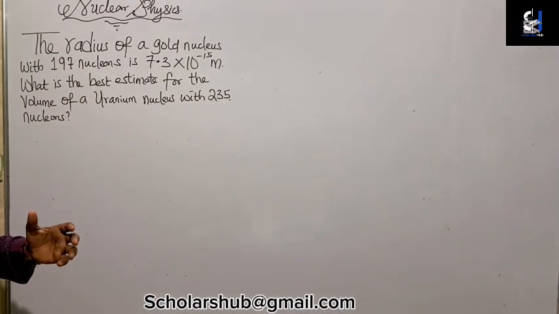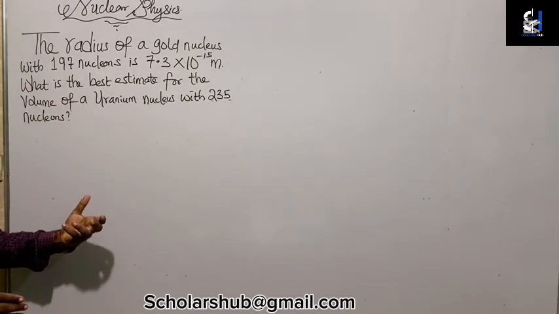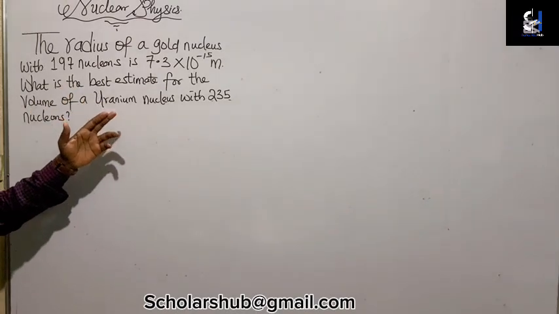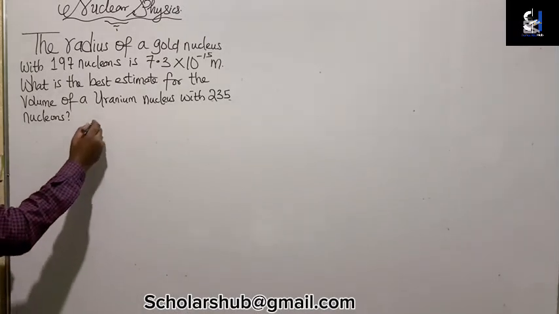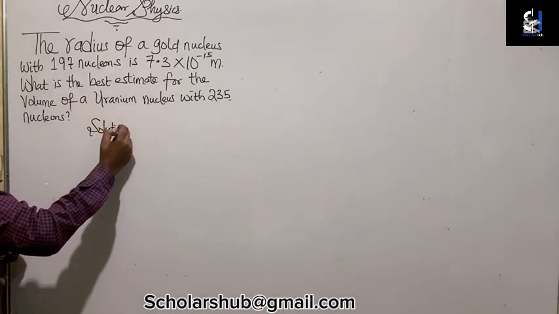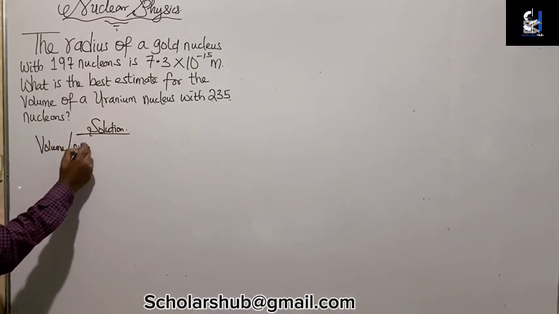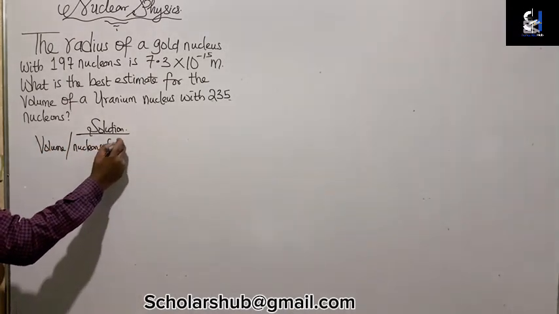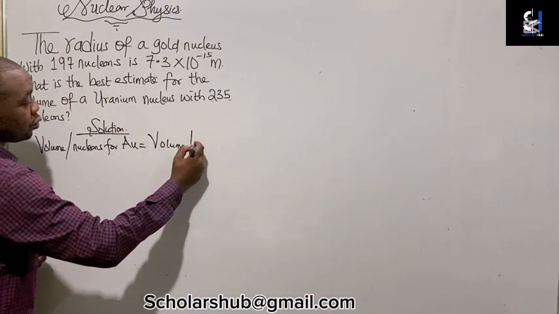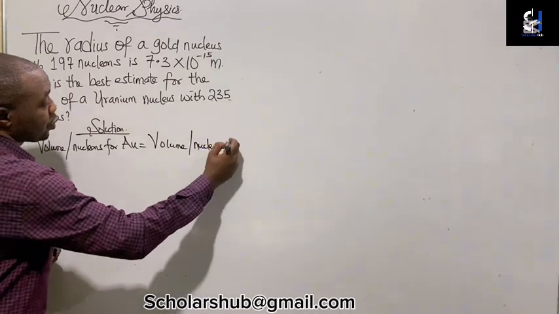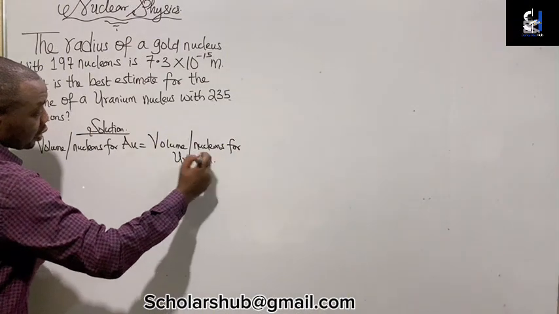Because the density is constant, we can say that the volume per nucleon of gold is equal to the volume per nucleon for uranium.